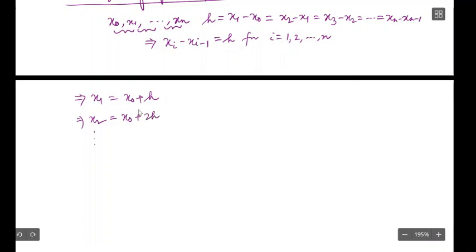In this way, what will be your xi? xi will be x0 plus ih, and this is valid for i equal to 0, 1 up to n.